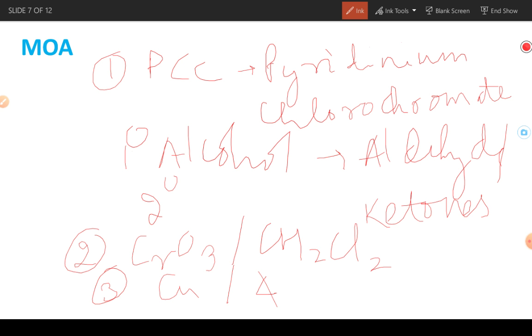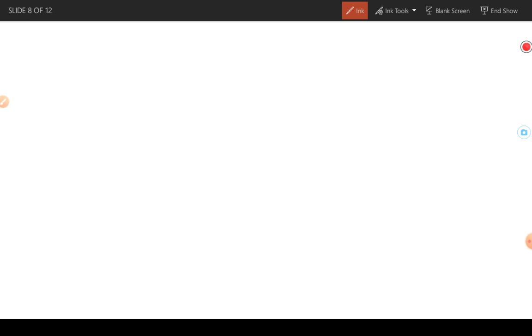It's very important. I will be telling you with one example for PCC. You can see in the next page. Here we are going to see one example on primary alcohol.